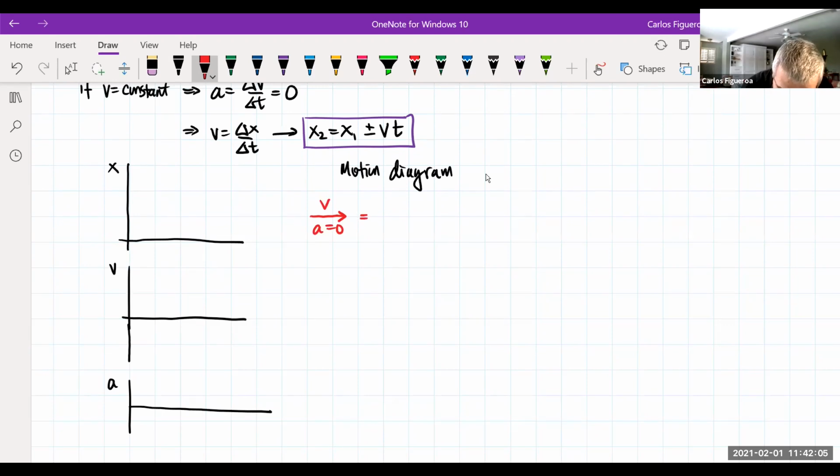What we said here is, if we have an object that's moving with some velocity like this, and its acceleration is equal to 0, then we have equally spaced dots and the velocity does not change. What that means curve-wise is that I have a positive slope. Why?